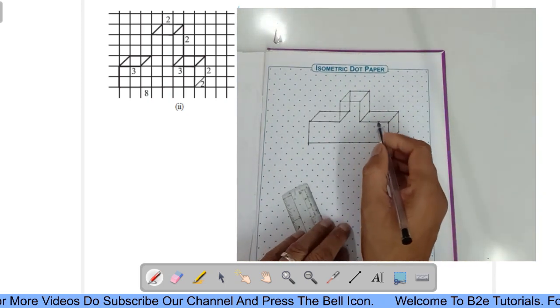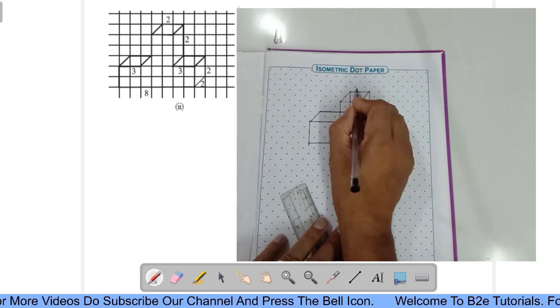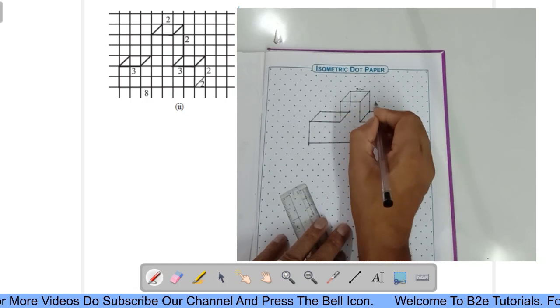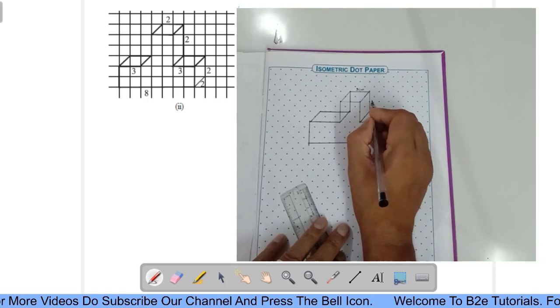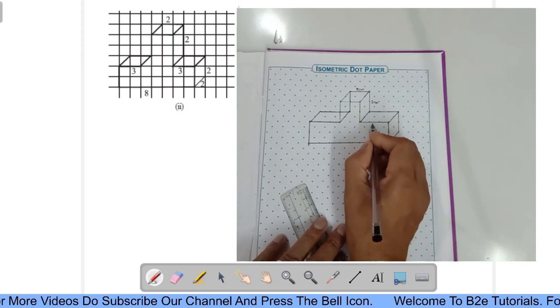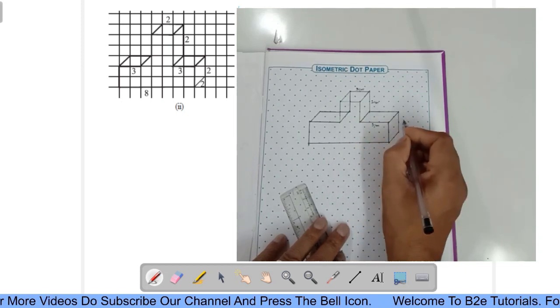Now write down the dimensions. This is 2 centimeter. This is also 2 centimeter. Then this is 3 centimeter. This is 2 centimeter.